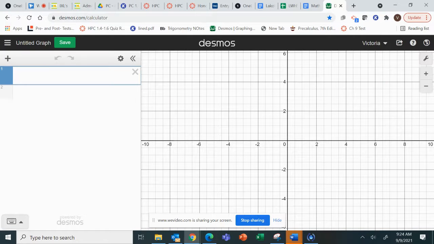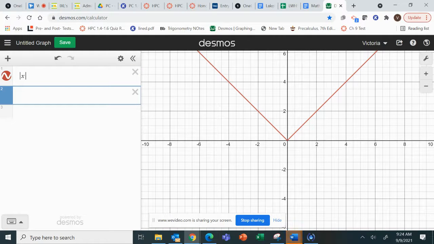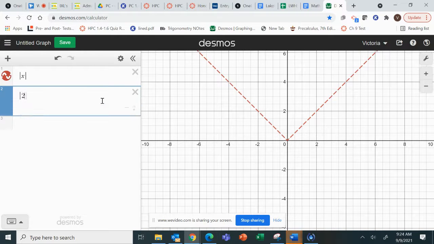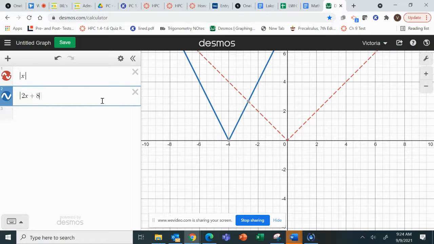It's the "followed by" that makes it matter. So there's our parent function, absolute value of x. Let's see if I can make it dashed. There we go. All right, so one of them was absolute value 2x plus 8, right?